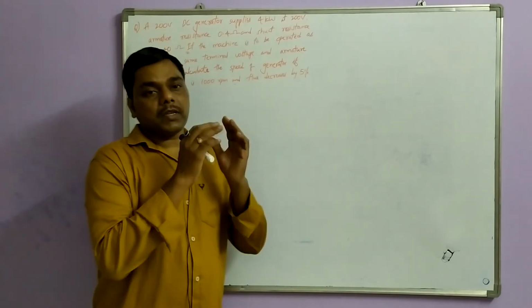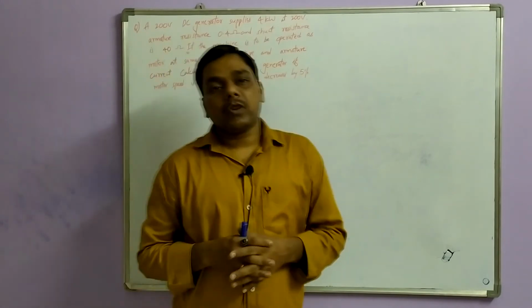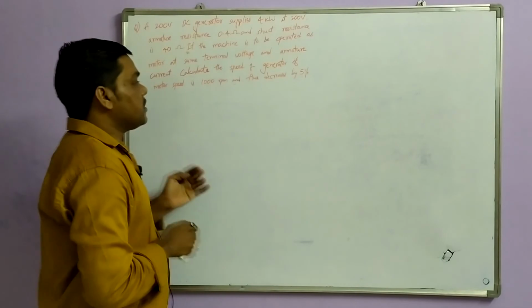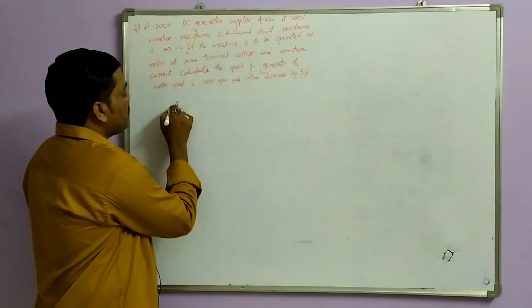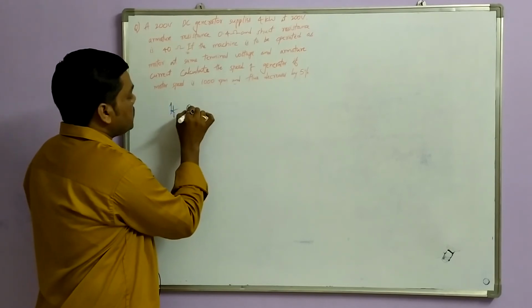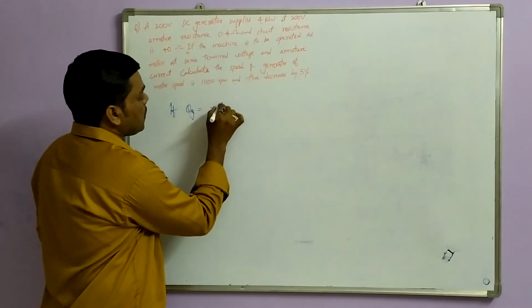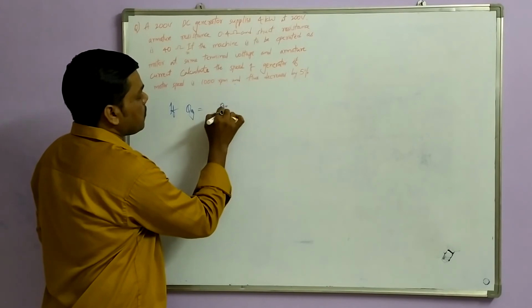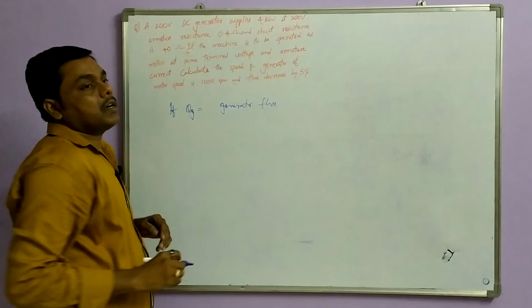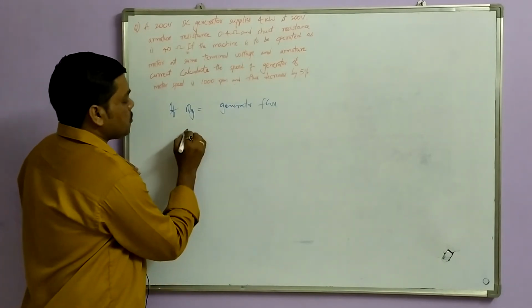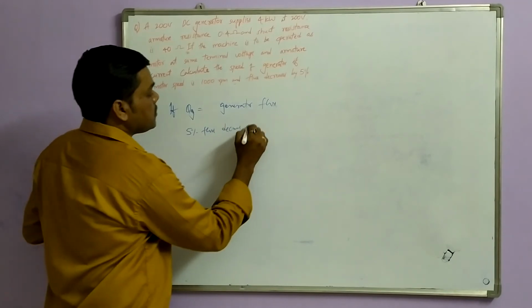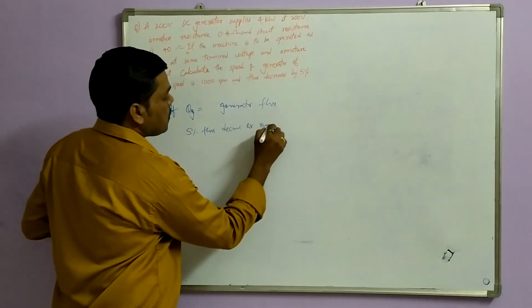So if phi g is the generator flux, 5% of the flux decreased to run the motor.